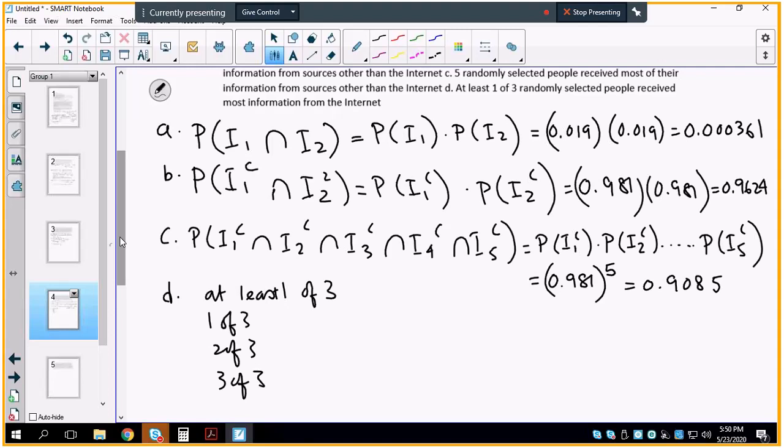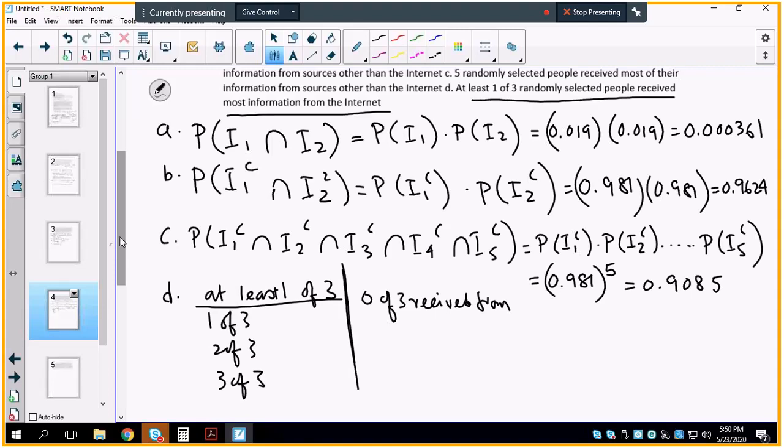All of these situations are under at least 1 of 3. So what has not been written yet? 0 of 3 received from the internet. So this question asks you that at least 1 of 3 randomly selected people received information from internet. So I'll say 0 of 3 received from sources other than internet. And we find this probability.